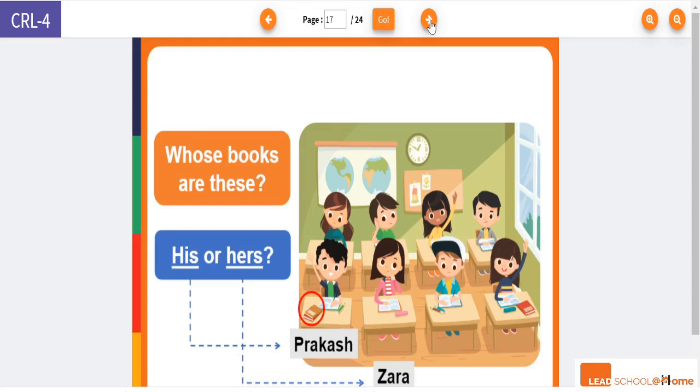Do you see a book circled? A red circle? Yes. So whose books are these? Will you say his or hers? Correct. They belong to Prakash. So you will say his. Those books are his.